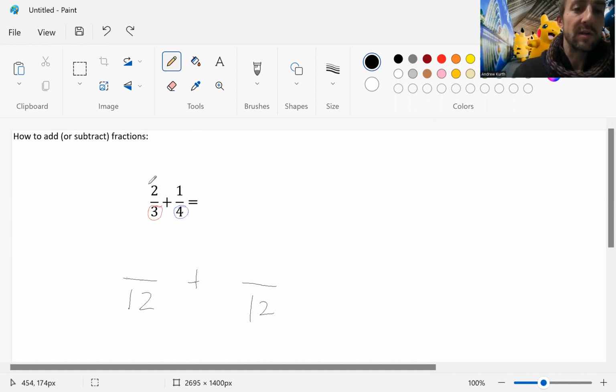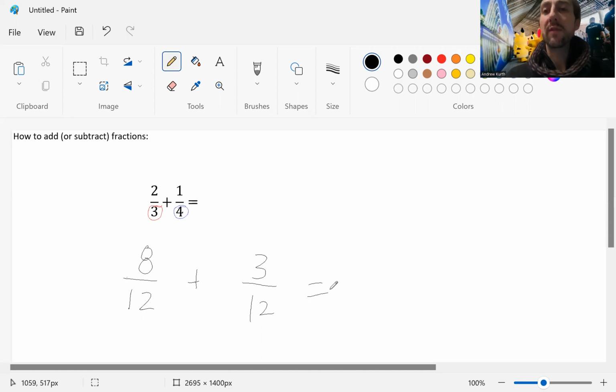So take your numerator 2 and multiply by 4. 2 times 4 is 8. With our second fraction, to go from a denominator of 4 to a denominator of 12, we had to multiply by 3. So take your numerator 1 and multiply by 3. 1 times 3 is 3.